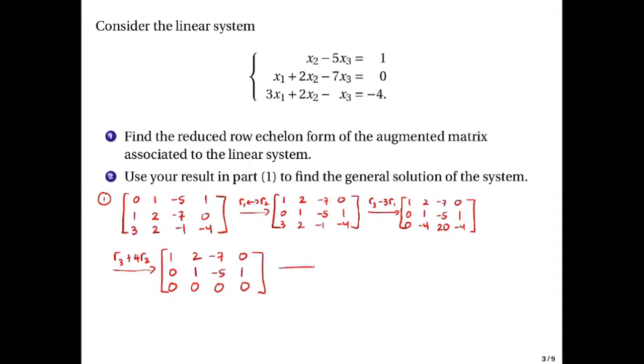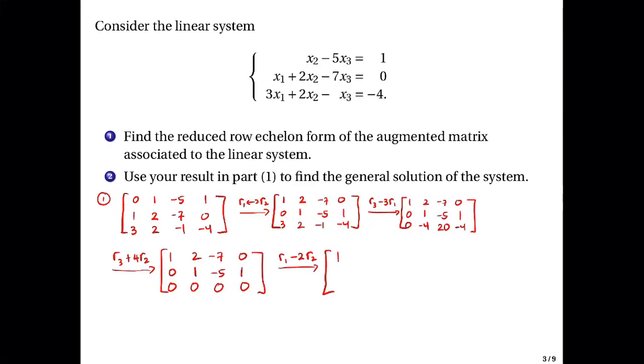So we apply the elementary row operation. We replace row 1 by row 1 minus 2, row 2. So this time we are changing row 1. This one here, it's 1 minus 0. That's just 1. In here, we have 2 minus 2 times 1.